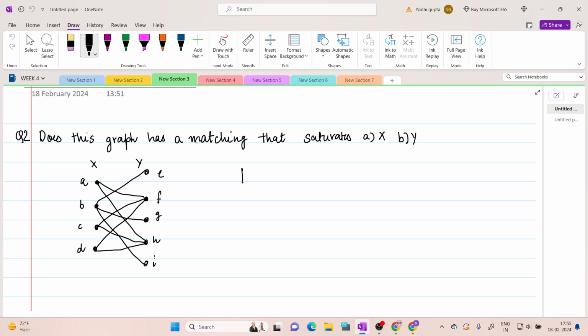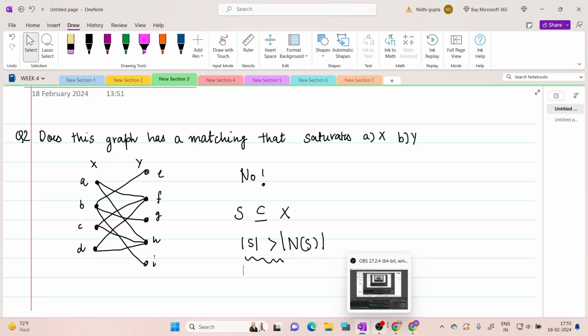If you are saying no, then you have to give me a subset S of X such that the order of S is strictly greater than the order of the neighbors of S. If you can find some S like that, then by Hall's theorem this will not have a matching that saturates X. So what do you think?